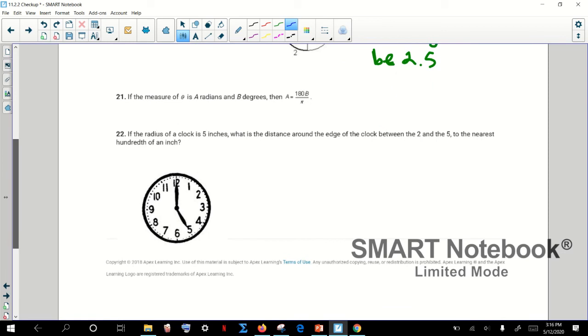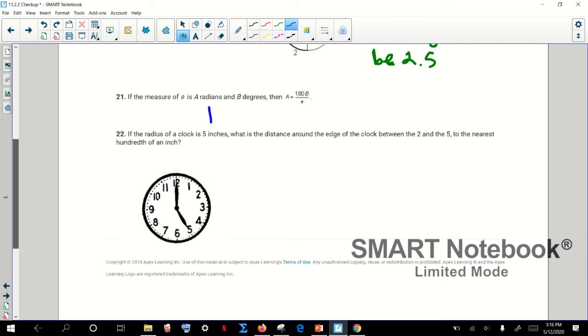Alright, number 21. If the measure of theta is a radians and b degrees, then a is equal to 180b. A is equal to 180b over pi.